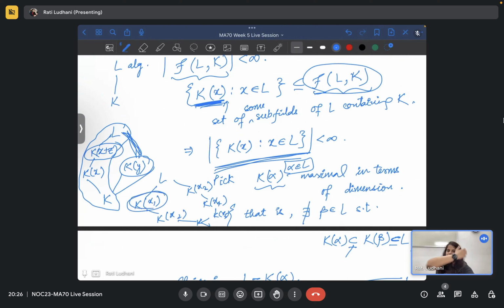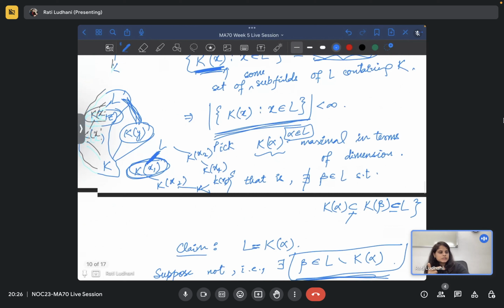We consider any of these chains, and from any chain we consider the maximal one. Maximal means there is no other subfield in between which is of simple type. Simple type means of the kind K(alpha). We are not talking about K(alpha, beta).